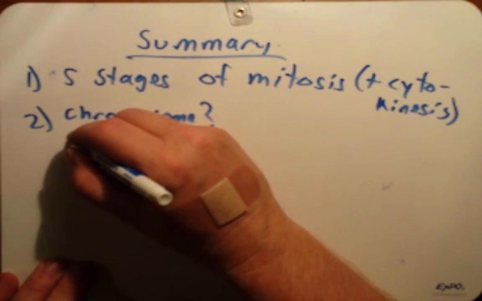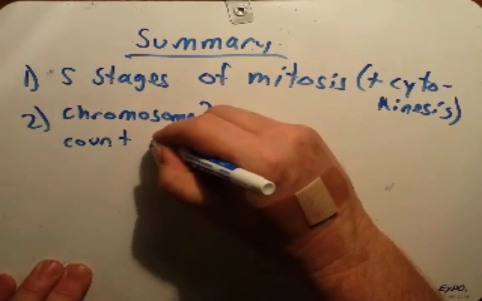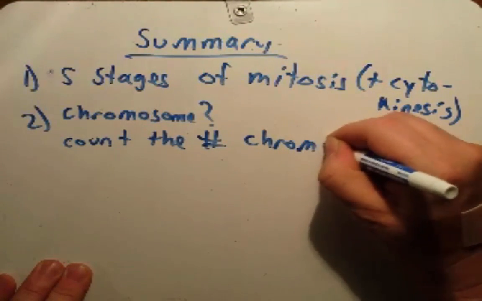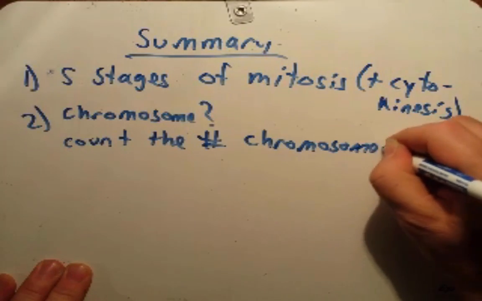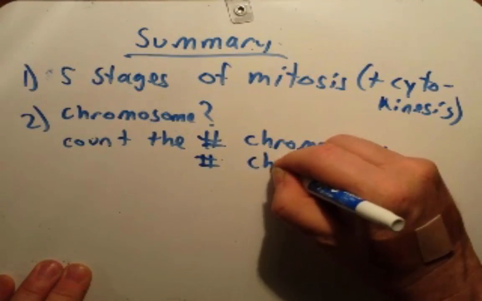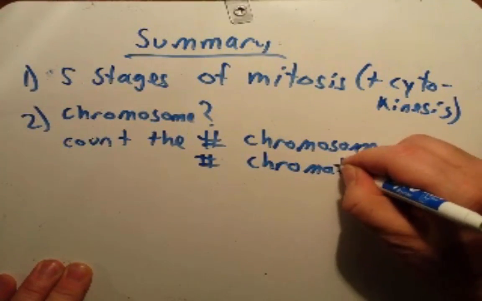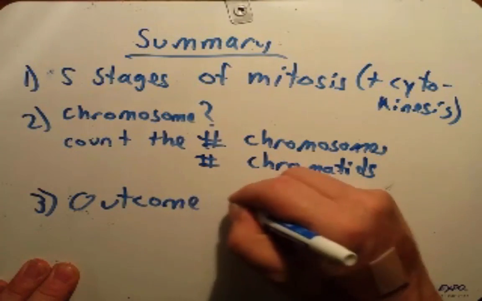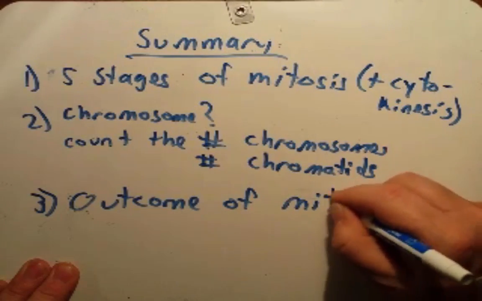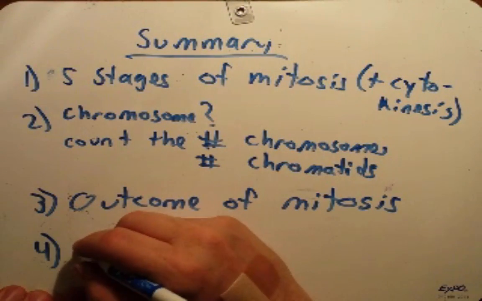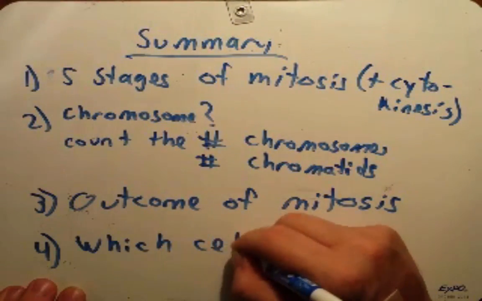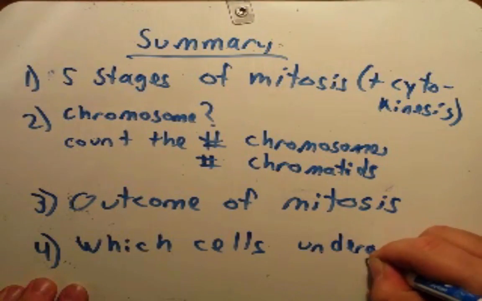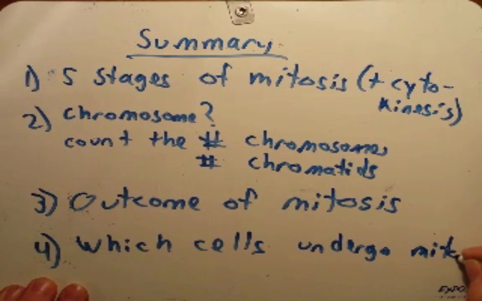You should be able to count the number of chromosomes and the number of chromatids at each stage. You should also know the outcome of mitosis. And you should also know the importance of mitosis, right? So which cells undergo mitosis.